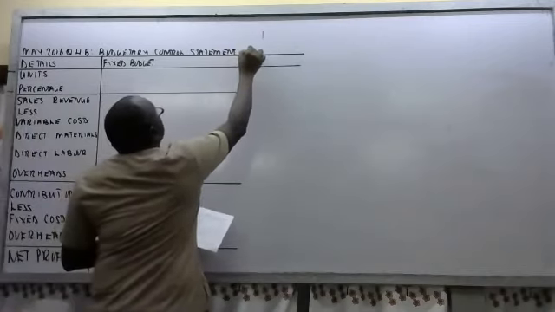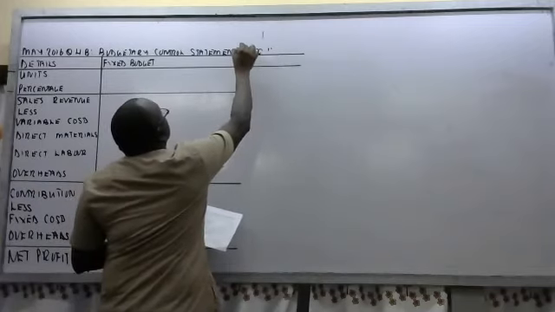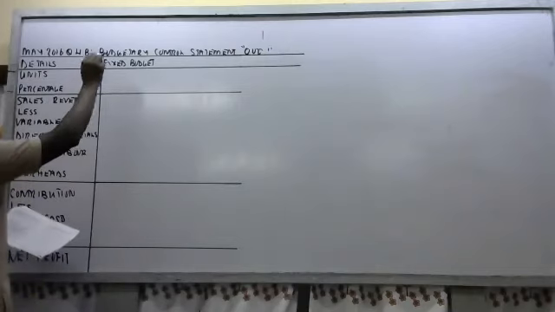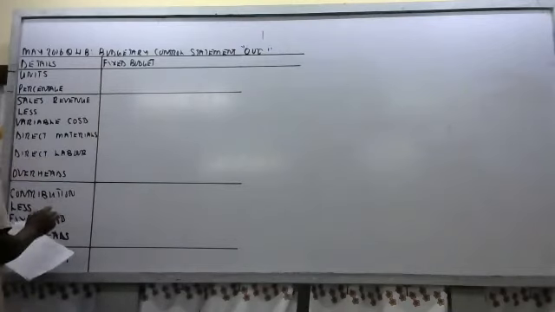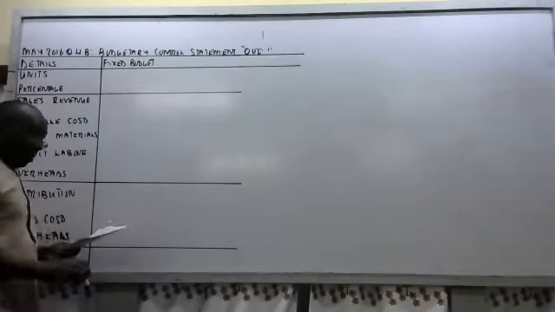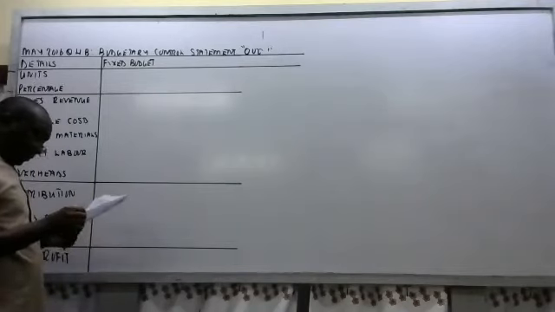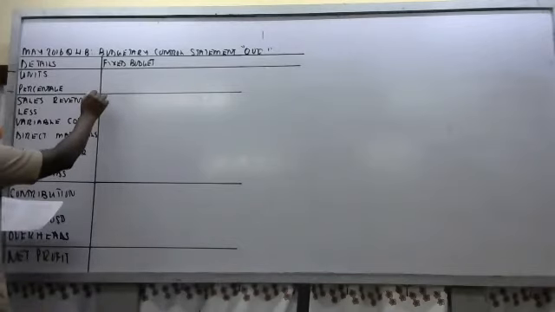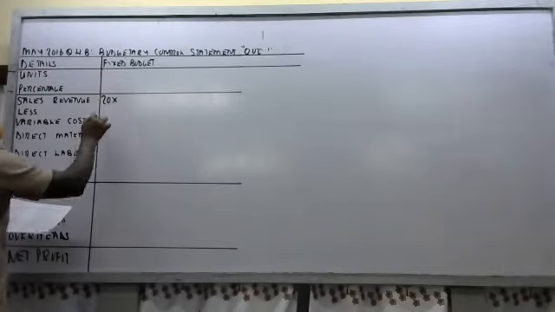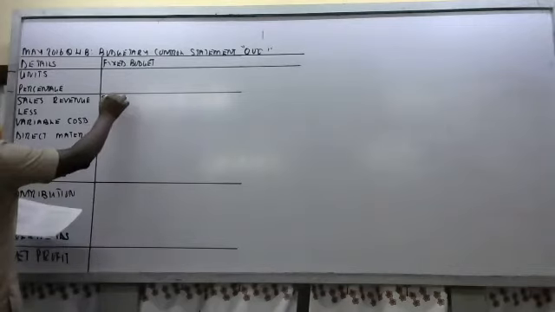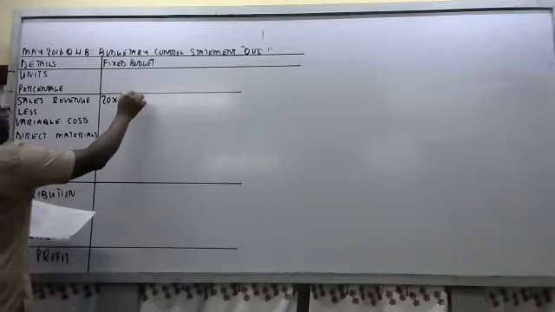Maybe we can have our table figures in thousands. So to know the size of my column, I'm going to start here where my revenue will be the 20 times the selling price. If you look at information 4, selling price is 440.